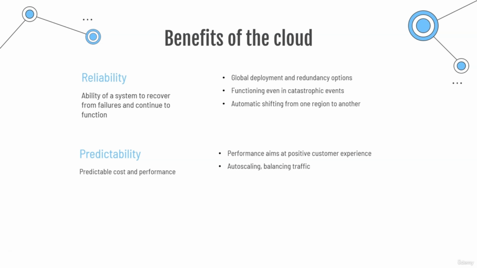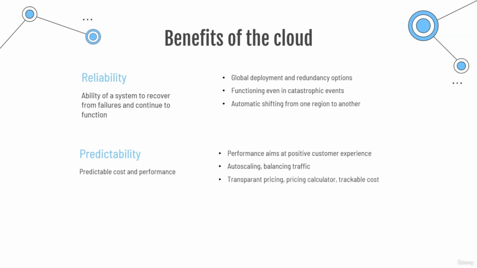For example, if in the evening we have much more users accessing a service, then this can be automatically detected and the resources and the power will be automatically increased so that we can handle this increased load. Or we can also use, for example, load balancers that can balance the traffic across multiple systems. Like this, we can automatically achieve a high user experience.